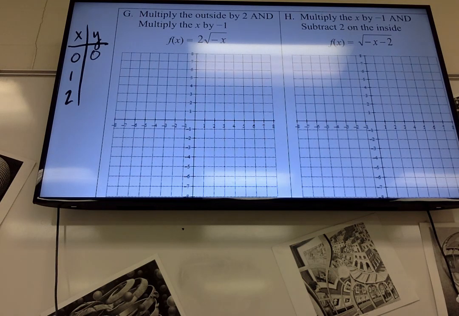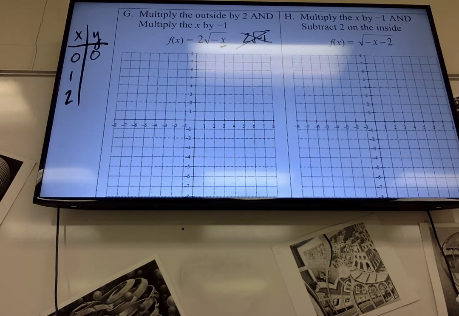Then when I plug in 1, what's the problem? If I plug in 1 for x, what am I taking the square root of? A negative, yeah. Because it's still 2, 2's on the outside, and square root of -1. Can't do that, right?